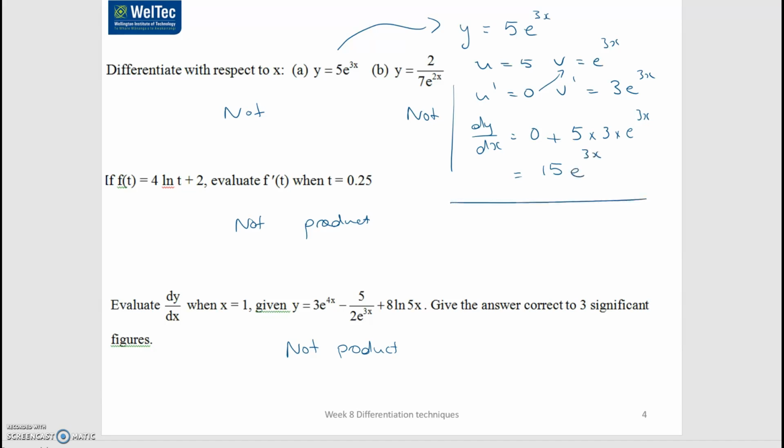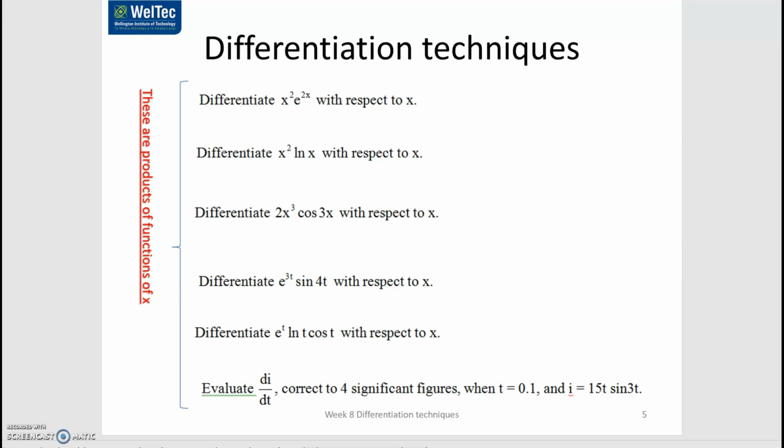Now, if we'd just done it using the rule, then we could have gone straight there and said that the answer was 3 times 5 times e to the 3x, which is the same as before. So it doesn't matter if you use the product rule unnecessarily. What does matter is if you don't use it when you should. Now, all of these problems here, you need to use the product rule.